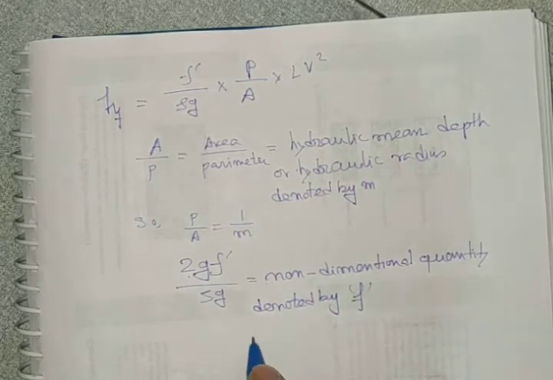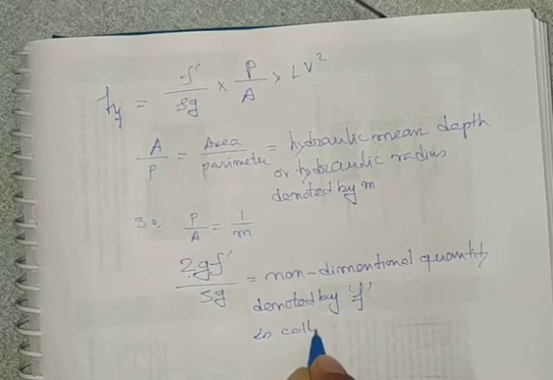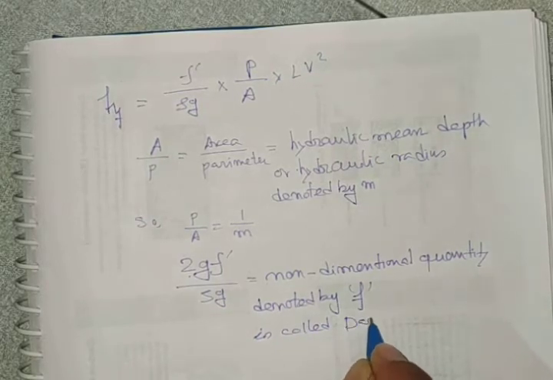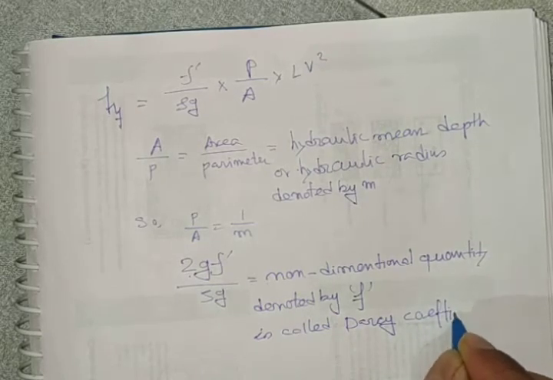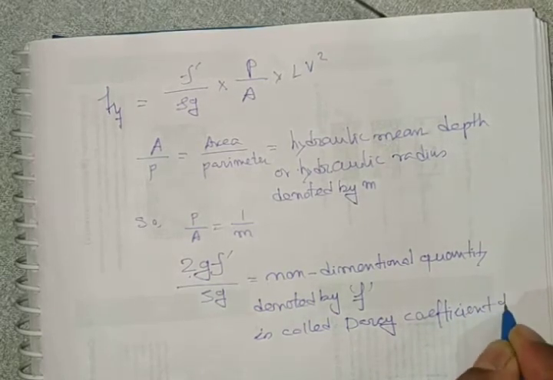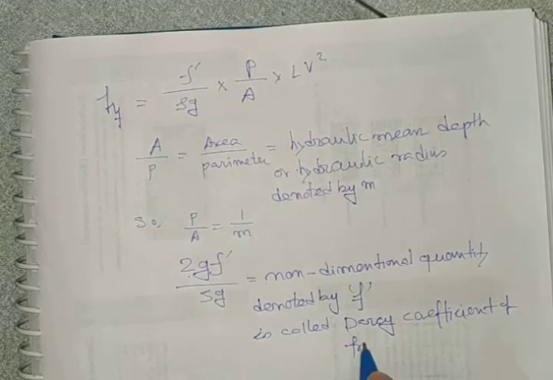This f is called the Darcy coefficient of friction.